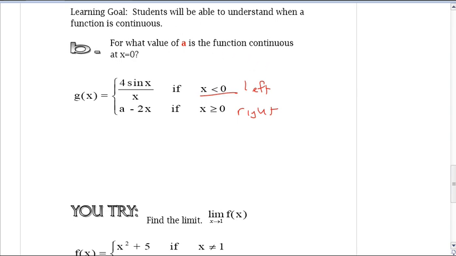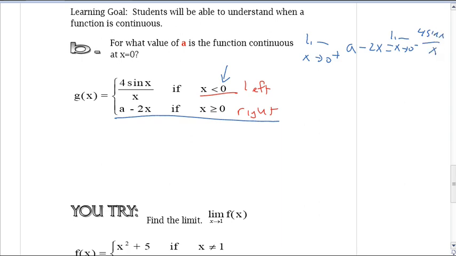Grab Mr. Blue for this one. So the limit as x approaches 0, and I know it's 0 because that's the domain, from the right. The right-hand side would be this one right here, a minus 2x, is equal to the limit as x approaches 0 from the left, which is 4 sine x over x.